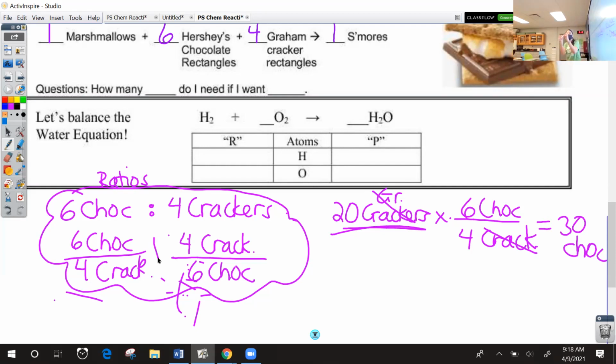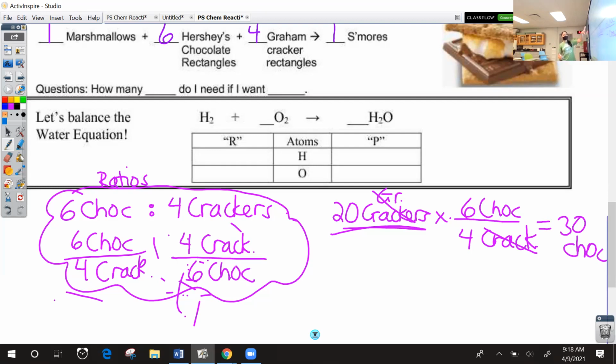I would need 30 of those little brick pieces. So that's how ratios work. Again, really good if you're doing a standardized test next week and they're asking you story problem questions where you can set up a ratio. Ratios are super helpful when it comes to math.